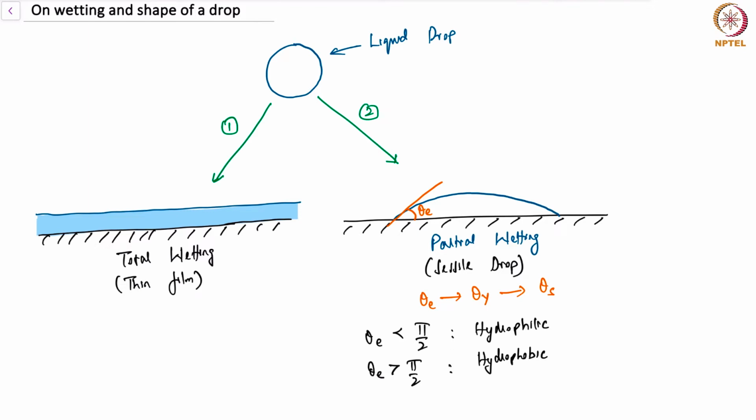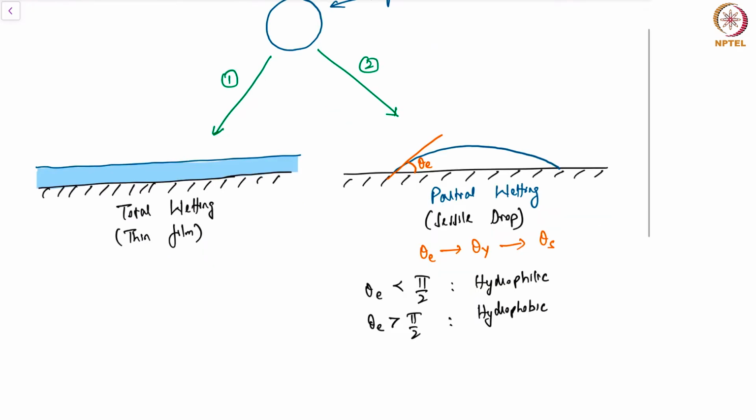For example, we want to determine the relationship between the surface energy of the solid-gas vis-a-vis the surface energies of the liquid-gas and the solid-liquid. So we will first define these surface energies, and we can come up with a parameter which will tell us whether we are likely to see total wetting or partial wetting.